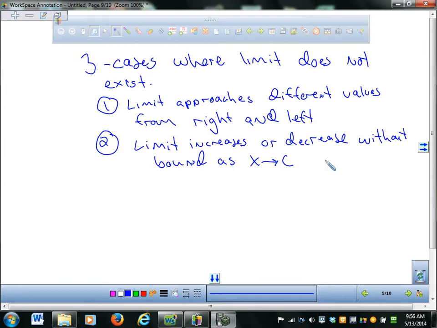In other words, you would have an asymptote at some point, like that one that we did over here. Something like that.